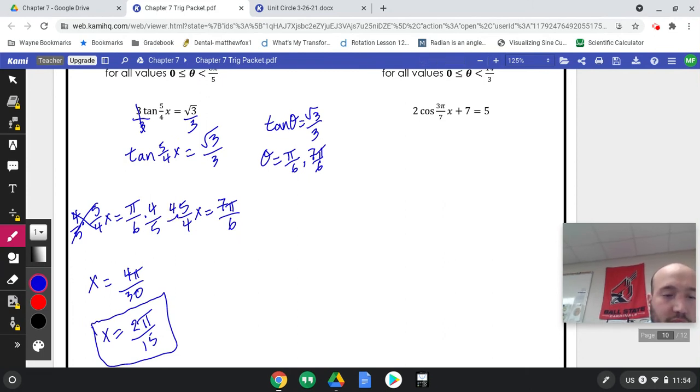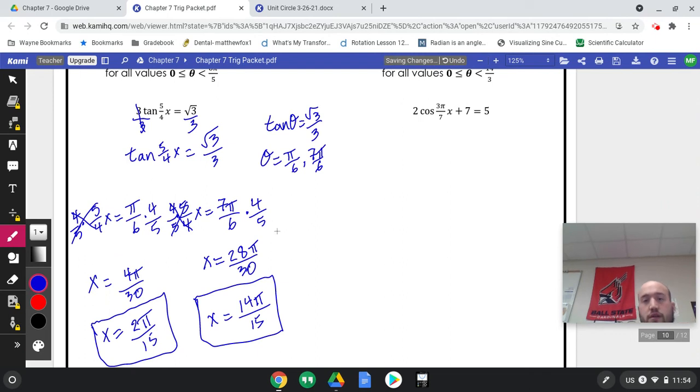Once again, multiply by 4 over 5, and we'll get 14 pi over 15.